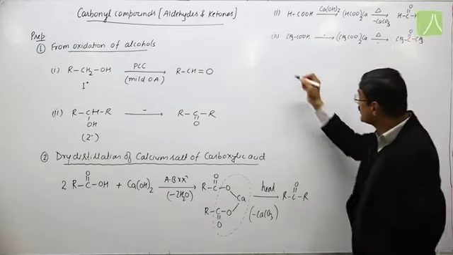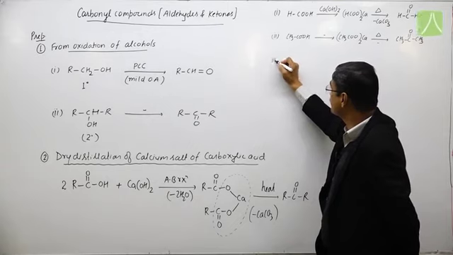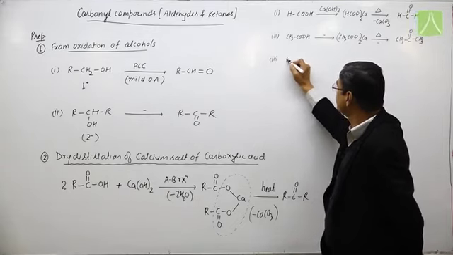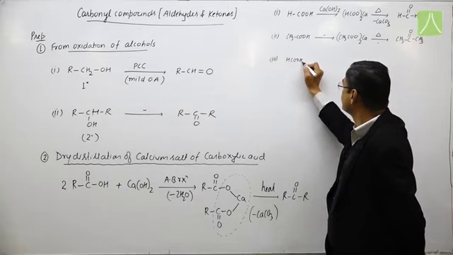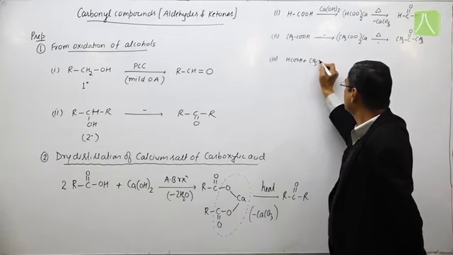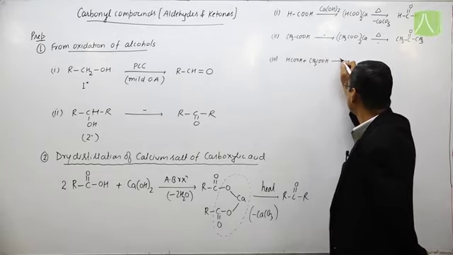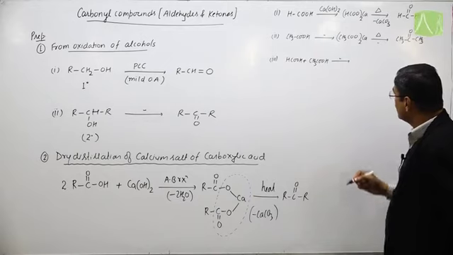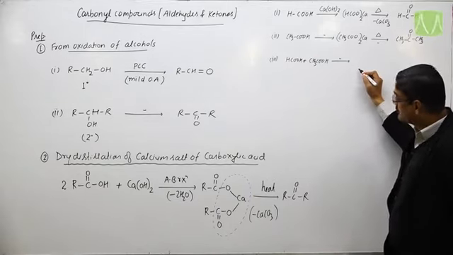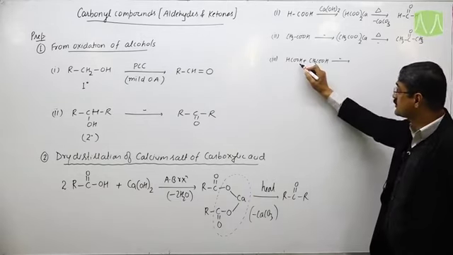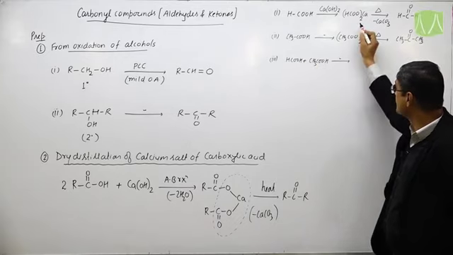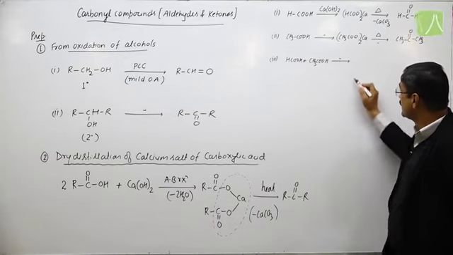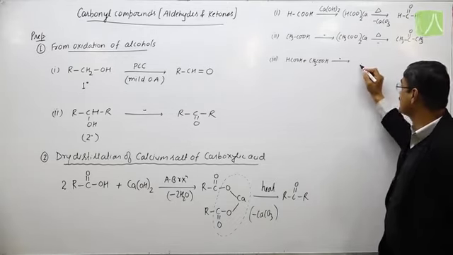Suppose I take a mixture of 2 different acids, formic acid plus acetic acid. On reaction with calcium hydroxide, we get 3 different salts. One is the salt of formic acid, calcium formate, another is calcium acetate, and the third one is the mixed salt.